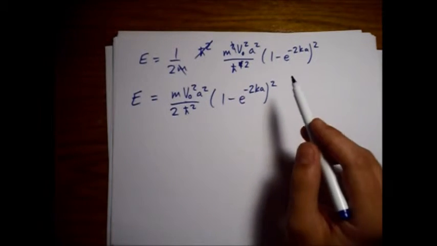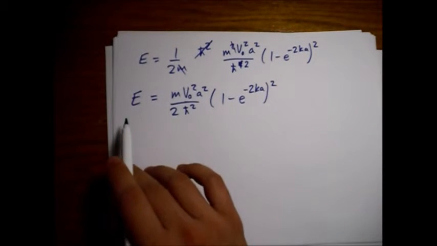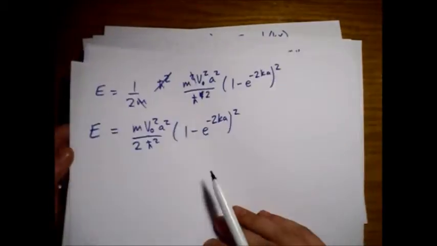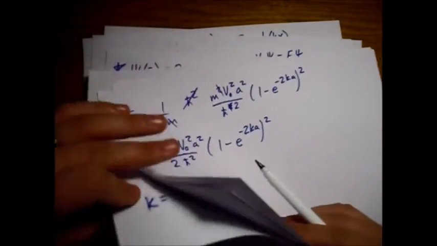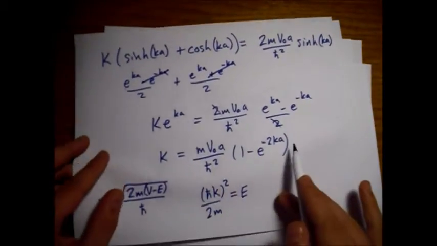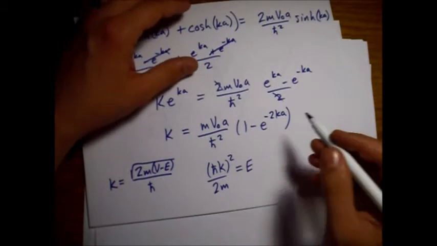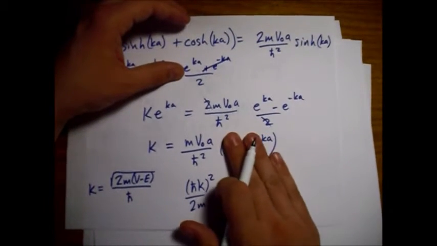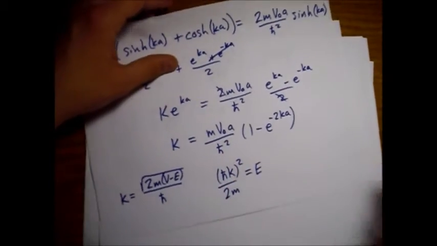So let me go back to my equation for k, wherever I put it. All right, this one. We can't just plug in a 0 here, because then this would give us a 1 minus 1, which is equal to 0, which doesn't tell us anything.